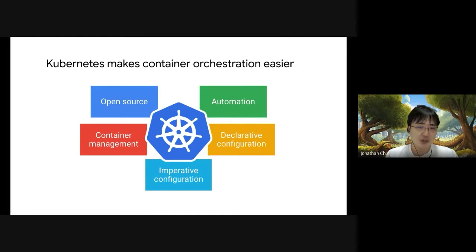And Kubernetes supports what I call declarative configuration. Basically, when you administer your infrastructure using this declarative method, you describe the desired state you want to achieve instead of issuing a series of commands one by one to achieve that. Let me give an example.